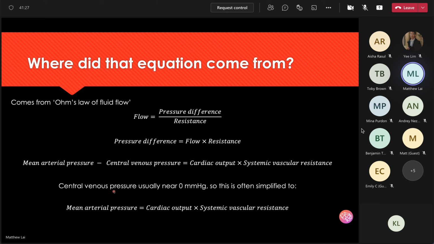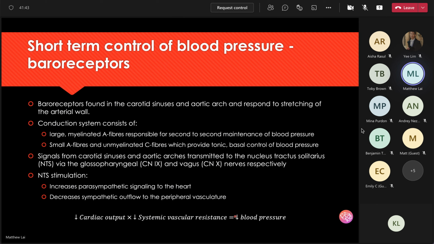Now, when we measure central venous pressure experimentally, it's usually near zero or at zero. So we often simplify this expression to mean arterial pressure, or blood pressure, is equal to cardiac output times systemic vascular resistance. So moving on to short-term control of blood pressure, and we're going to have to start picking up the pace a bit.